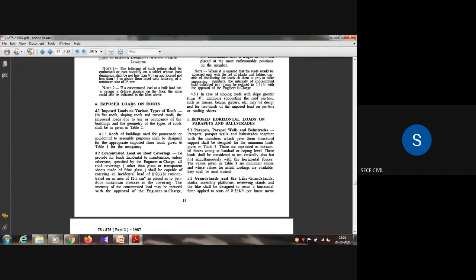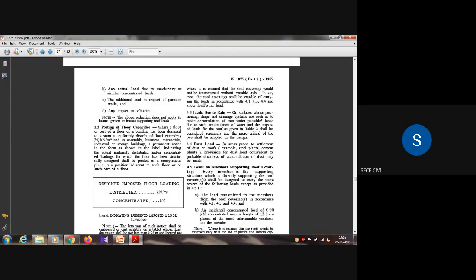Imposed load is nothing but live load only, on various types of roof. In some cases the roofs may be flat, and in some cases the roof may be sloped. For sloping roofs, the loads due to rain and dust load, these loads will act.